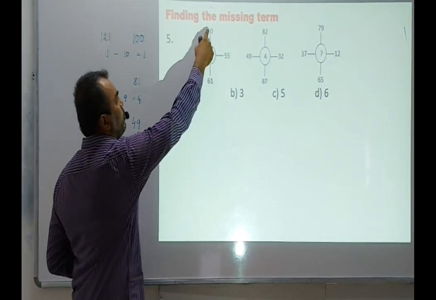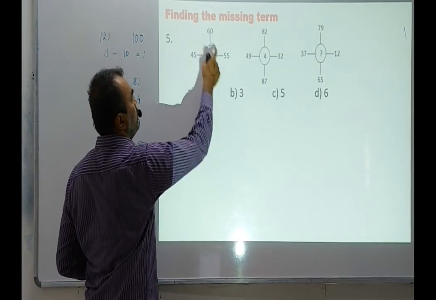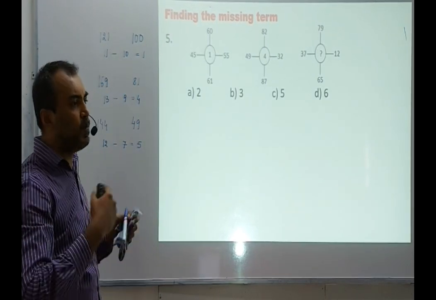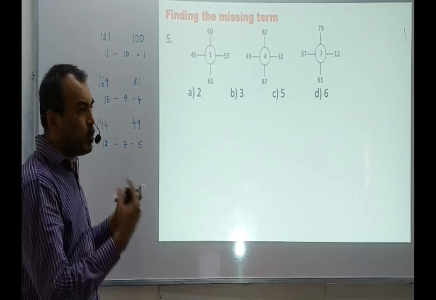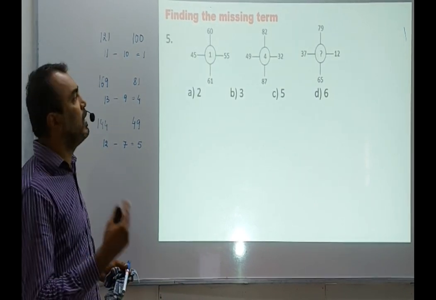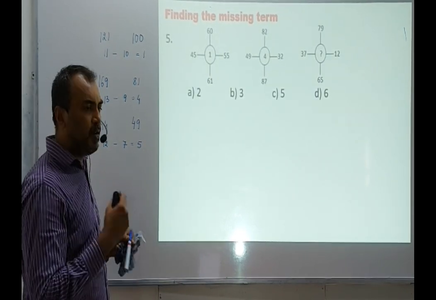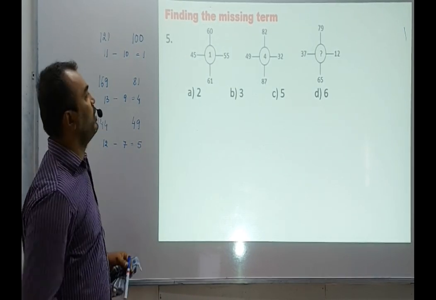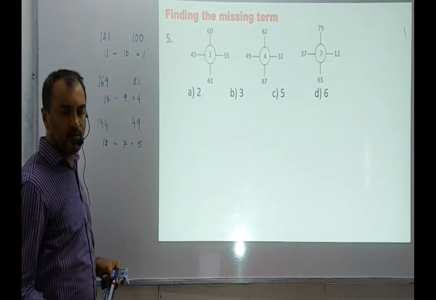So you can pair them vertically, horizontally, or diagonally, whatever. Pair them, add them, subtract them, multiply them, divide them, square them, cube them, find square root, find cube root. This is a multiple process of thinking. And run this process in your mind as quick as you can, and you will hit the logic. So here we have the answer 5.